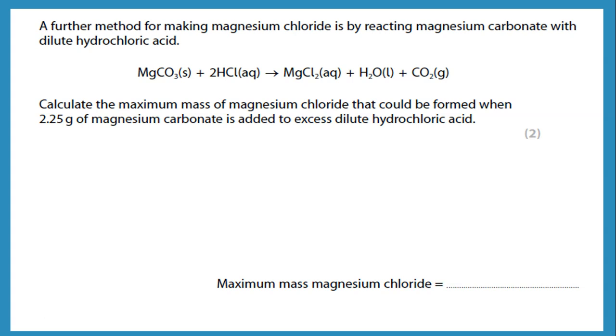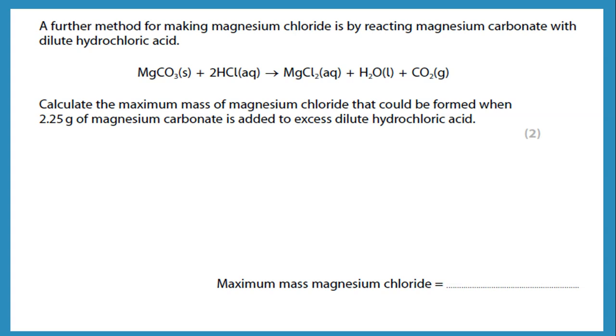Okay, then this question says, calculate the mass of magnesium chloride that could be formed when 2.25 grams of magnesium carbonate is added to excess dilute hydrochloric acid.